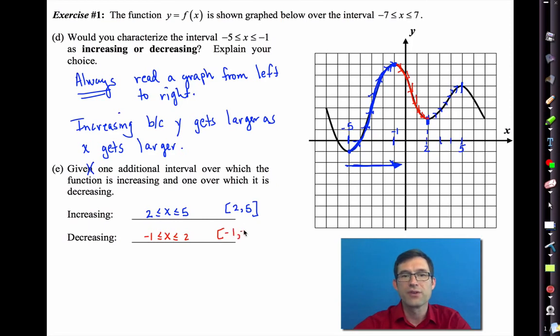Or in interval notation, -1 to 2 with brackets. Whether you use brackets or parentheses there is mildly unimportant. Those endpoints are kind of like the bottom of the hill and the top of the hill. If you study calculus later on, which I hope that you all do because it's a great topic, we can either include them or not include them, although in calculus they tend to be included.